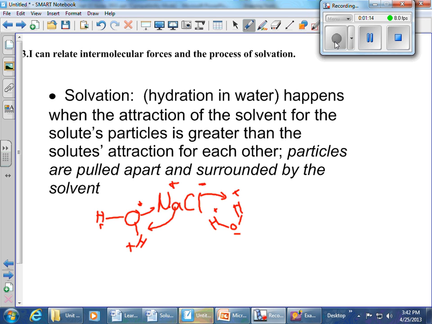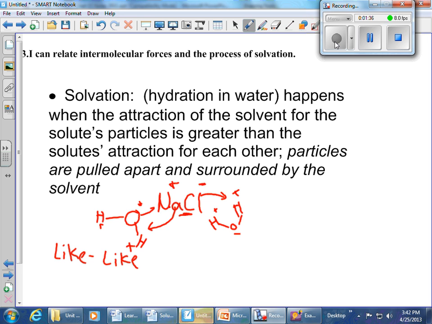All right, and another thing with polarity, or with the intermolecular forces, is it deals with likes dissolve likes. So polar water is going to pull apart polar substances, or ionic compounds that have charges. So anything that has charges, water is going to be able to pull apart.